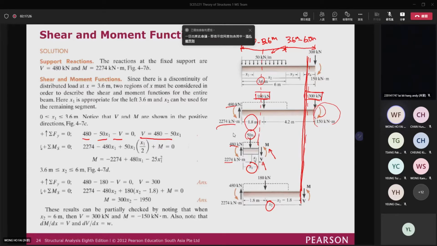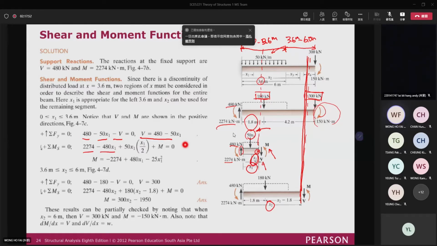And then for this section, you will take your moment on the right-hand side. So you have 2,274 as the first moment, and then you have 480 times x1, which is in clockwise sense, actually it is contributed by the support shear. And then the loading is equal to 50 times x1, and the moment arm is equal to x1 divided by 2.